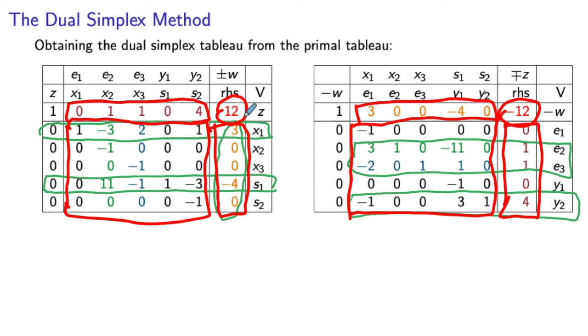And now recall that previously we mentioned that having the optimality condition satisfied for the primal problem in row 0 corresponds to having the right hand sides being all non-negative in the corresponding dual tableau. And in order to find the optimal solution, we just need to ensure feasibility of both primal and dual.